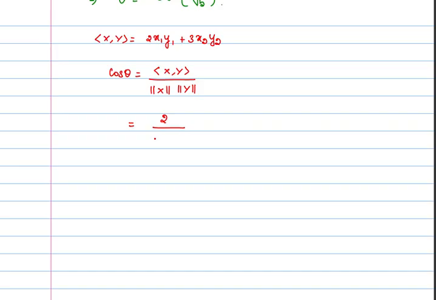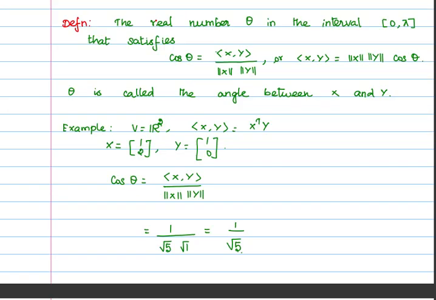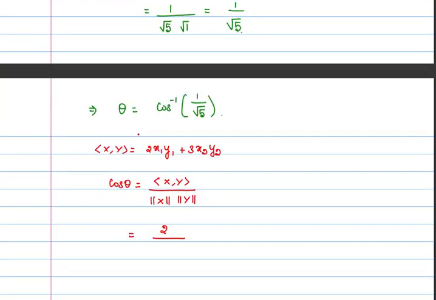The length of x is the square root of 2 times 1 plus 3 times 2 squared, that is 12, so we get the square root of 14.